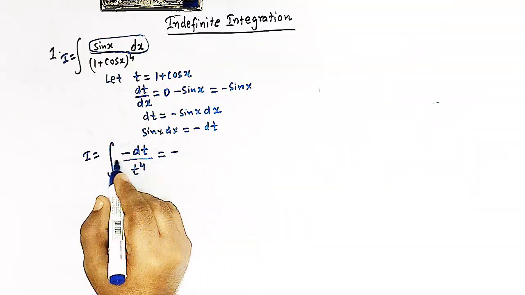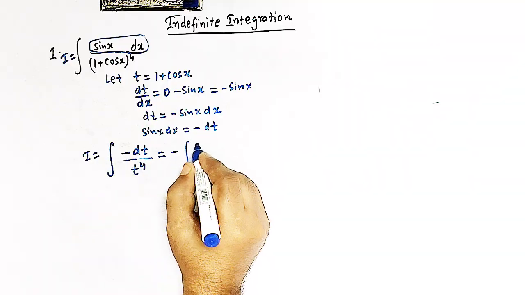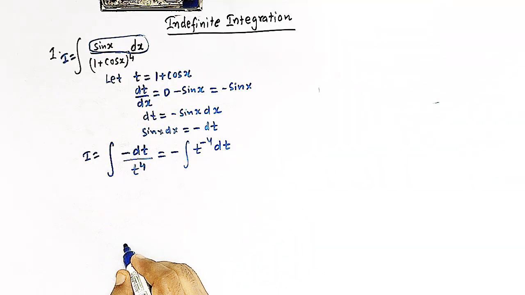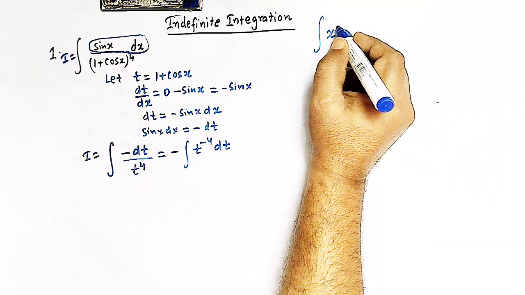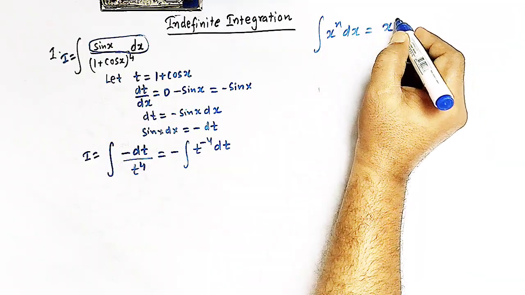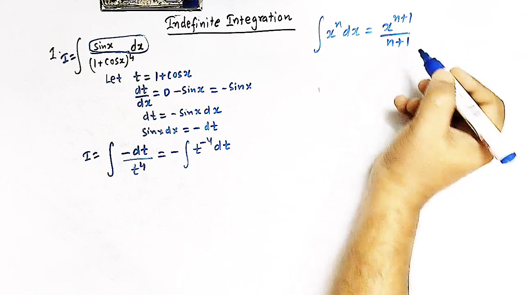So now we can take negative sign outside the integral notation, and we have t raised to minus 4, and here we have dt. Now we can use this result, that is integral of x raised to n dx is equal to x raised to n plus 1 over n plus 1.